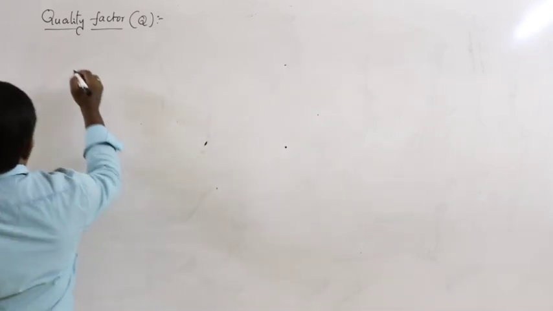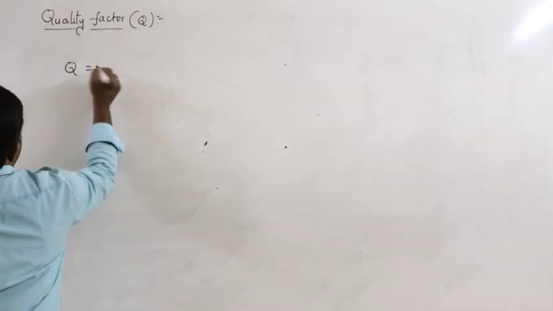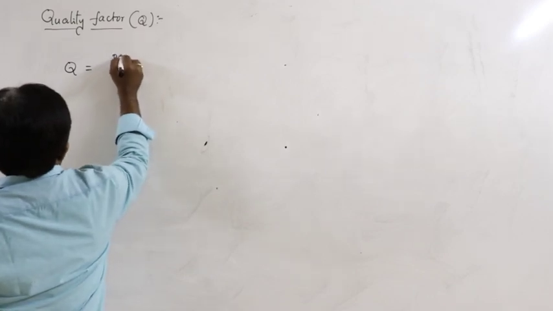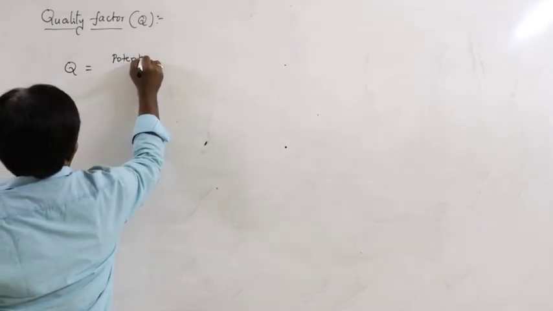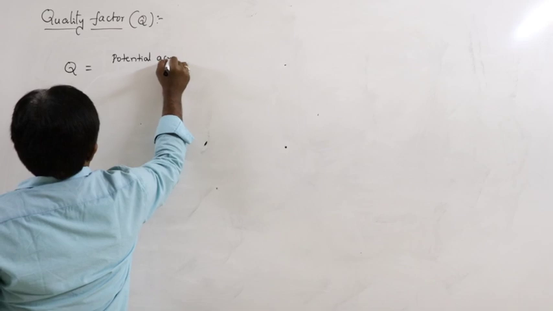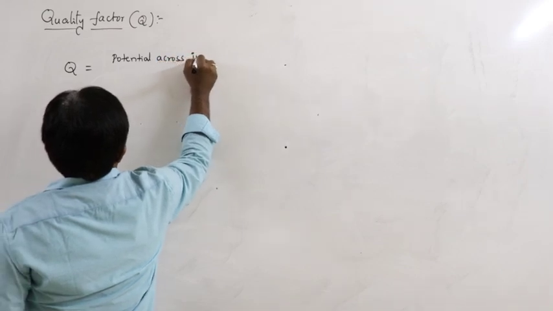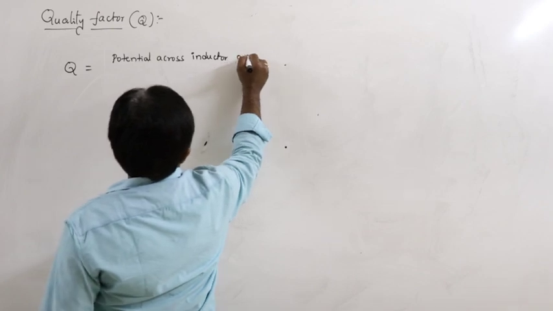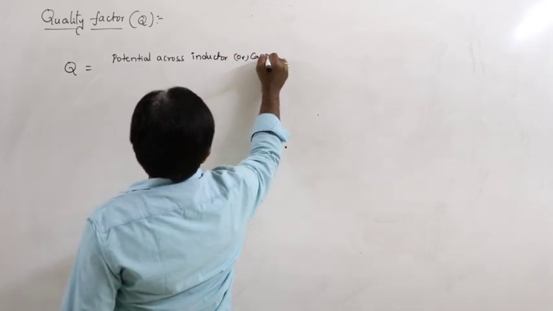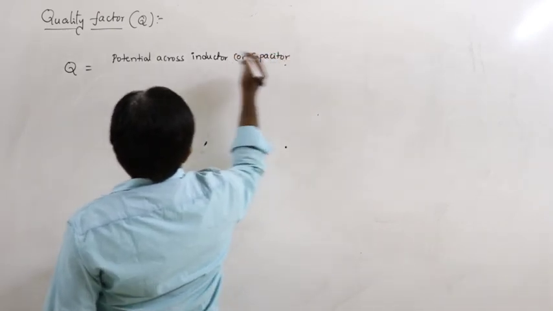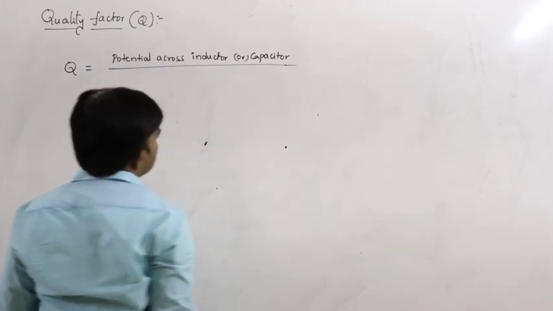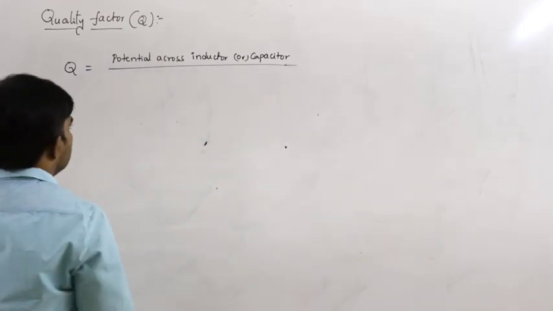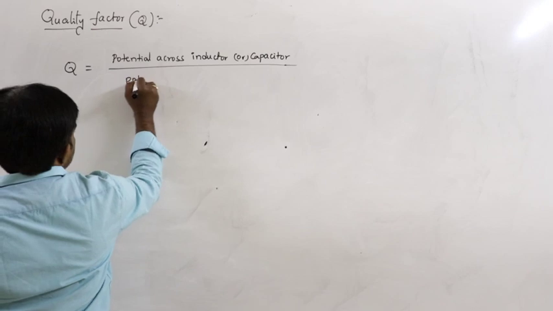So the quality factor is defined as Q is equal to potential across the inductor or capacitor divided by potential across the resistor.